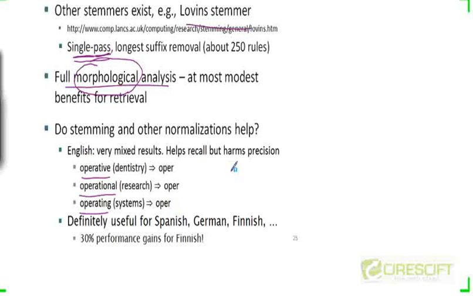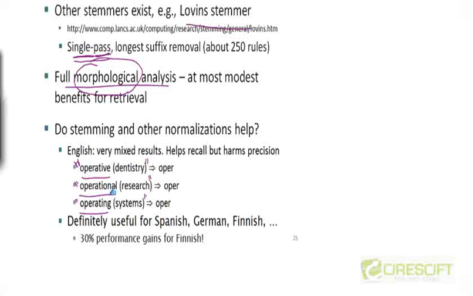But we can see that in the process of converting these terms into the root form, consider a phrase like operative dentistry. This is a particular technical term, or operations research, which is a field, operating systems.